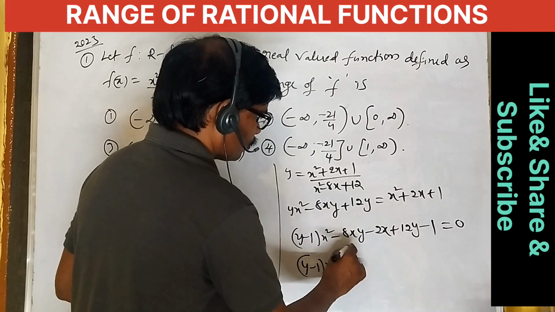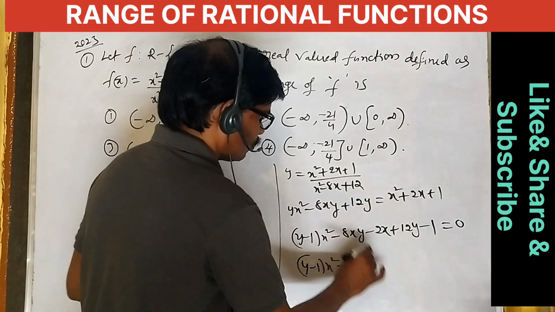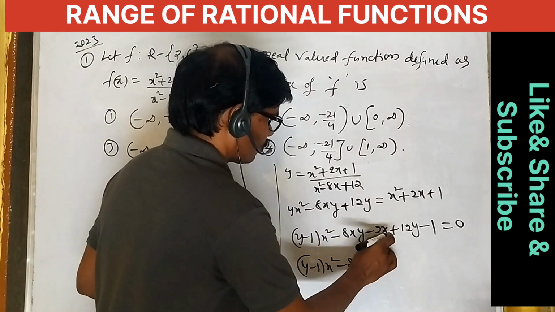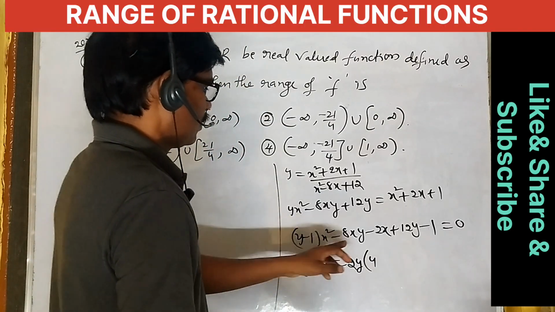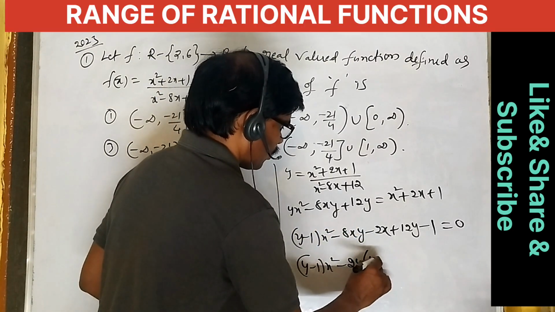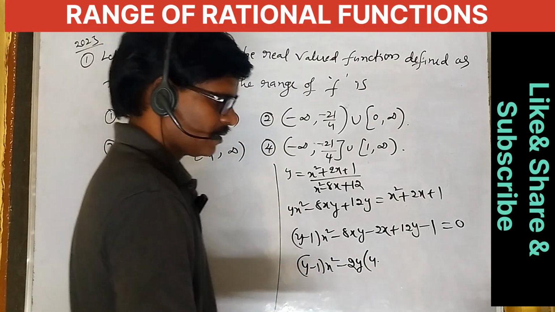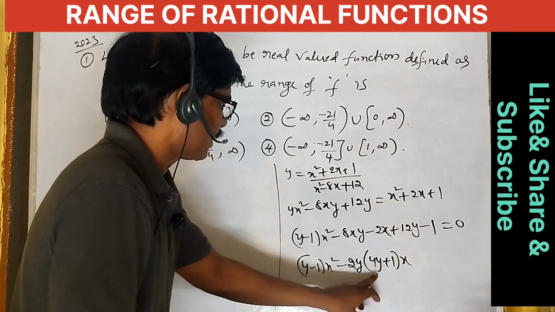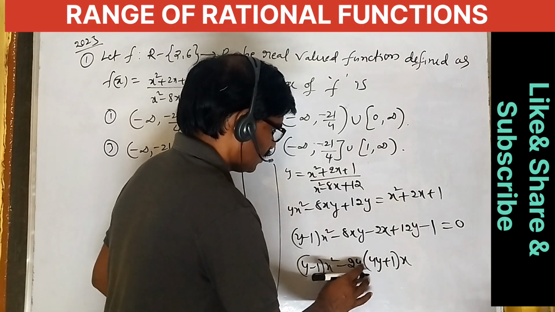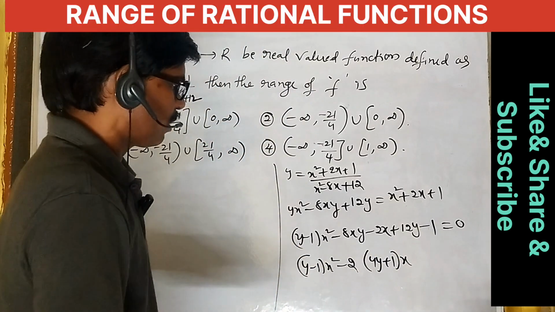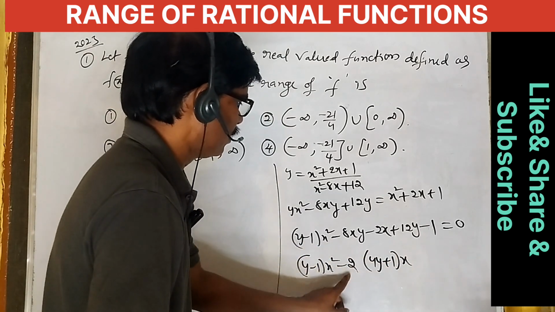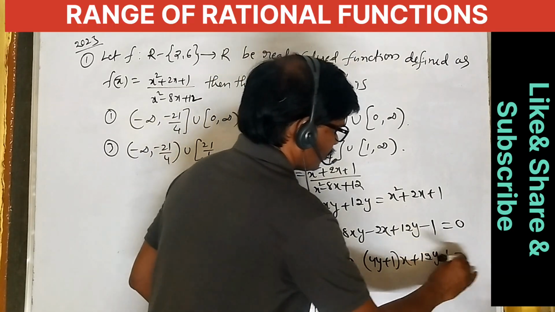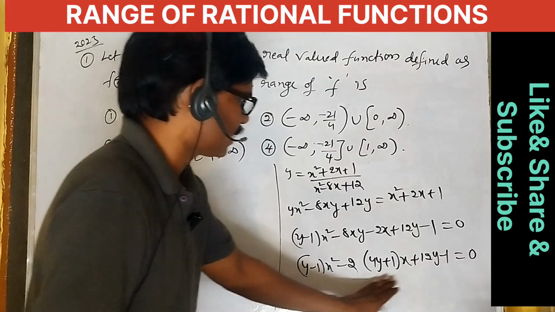Minus 2 into 4y, with x also there: 2 times 4 is 8, so 8xy, and 2 into 1 is 2x. So, minus 2 into 4y plus 1 into x, plus 12y minus 1 equal to 0. Okay, this is in ax square plus bx plus c form.